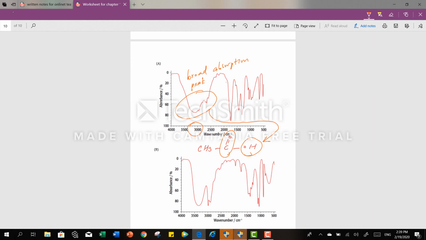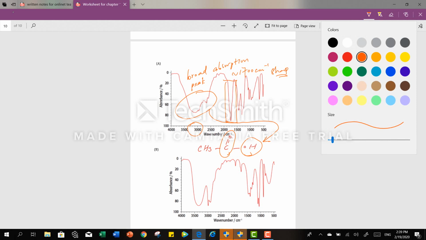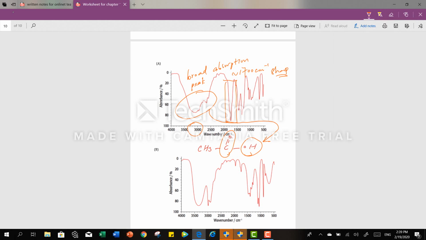Understand? And when you look here, around 1700, there is a sharp absorption peak. So it also tells you that it has the C=O group. Since it contains both C=O and OH, obviously this is the answer.